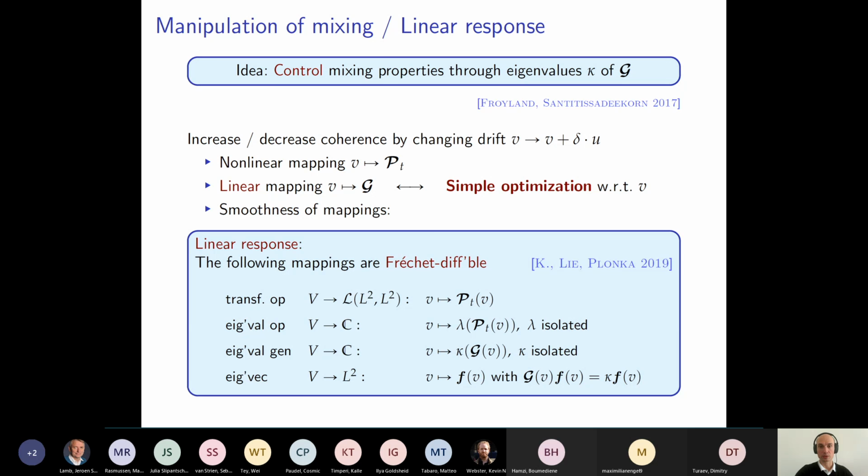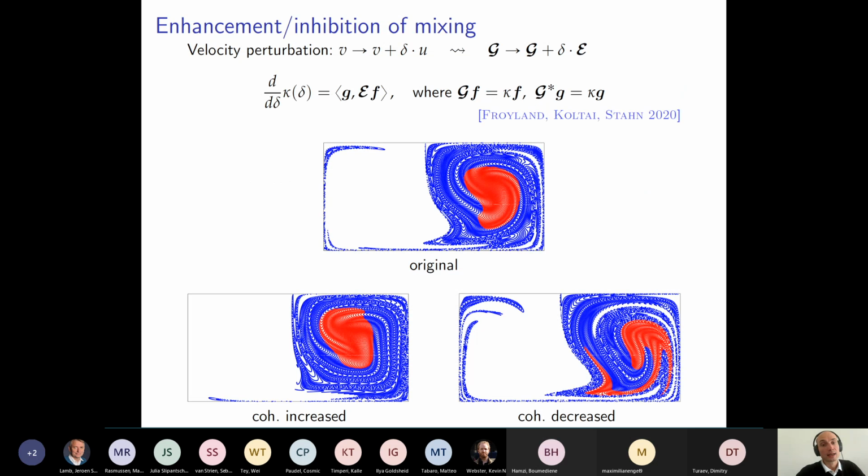I will try to go to the next slide, right? We can set up a machinery which allows us to measure quantitatively the influence of some drift change to the generator, and through that also through the change of the eigenvalues.